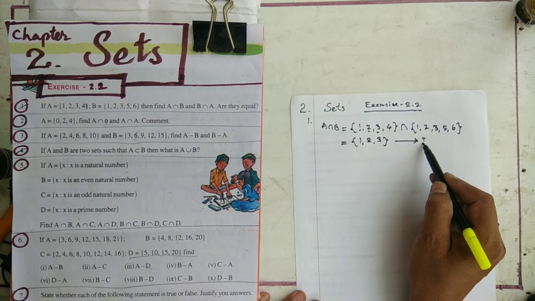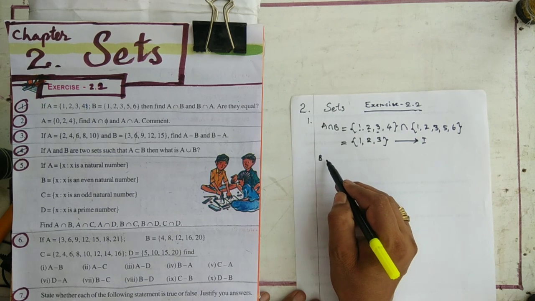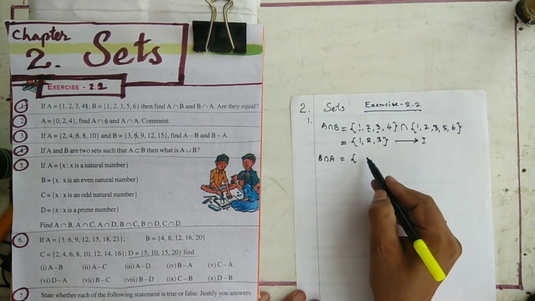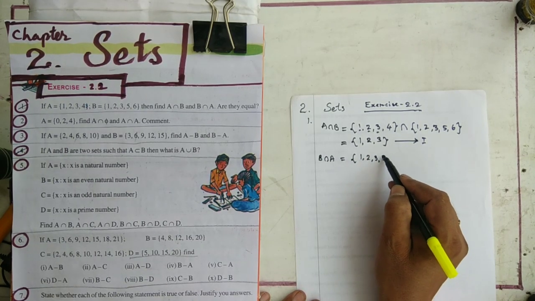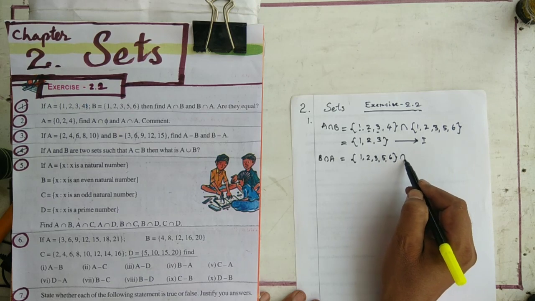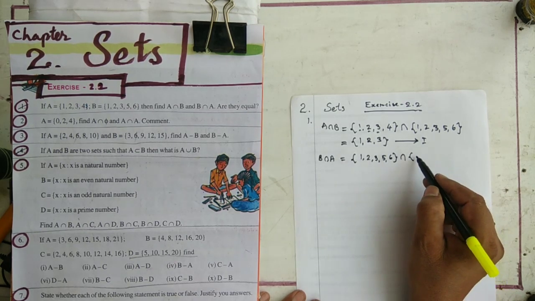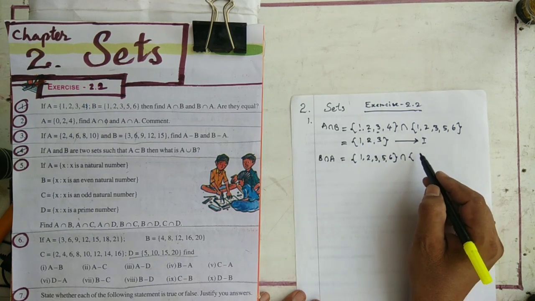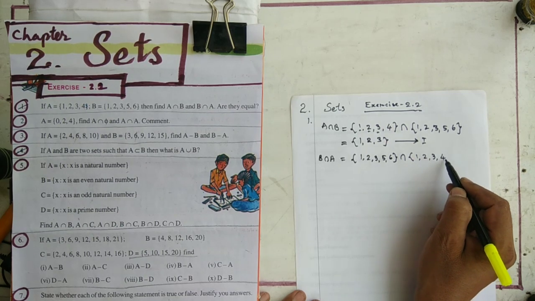This is first. Next, B intersection A. B is first, elements {1, 2, 3, 5, 6}, intersection A, {1, 2, 3, 4}.